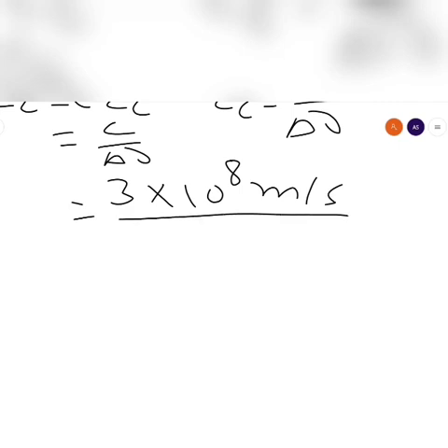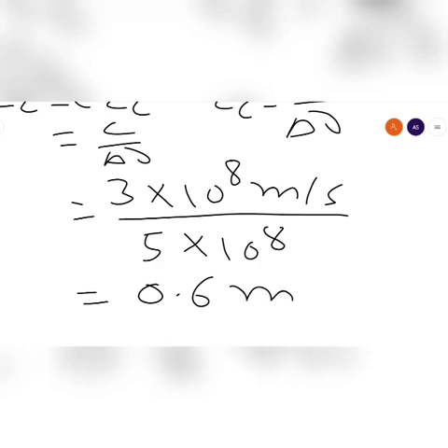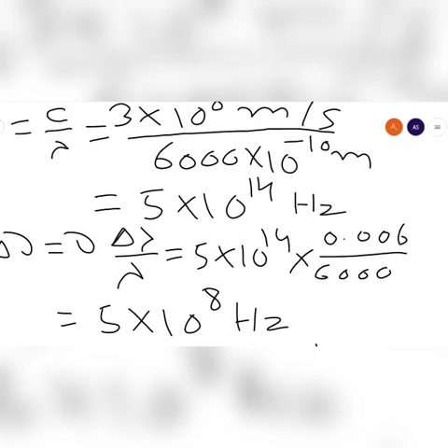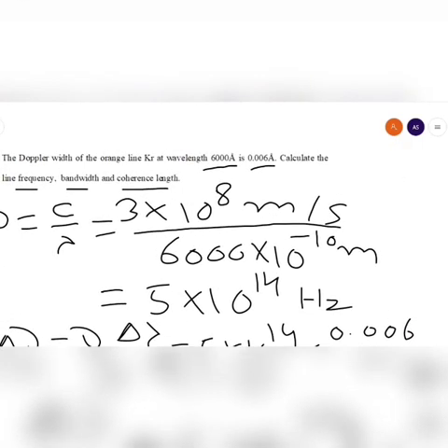You know the value of c, 3 into 10 to the power 8 meter per second, and delta mu is 5 into 10 to the power 8. Now the value of the coherent length is 0.06 meter. Now you can calculate the value of coherent length, delta mu and mu in the above question.